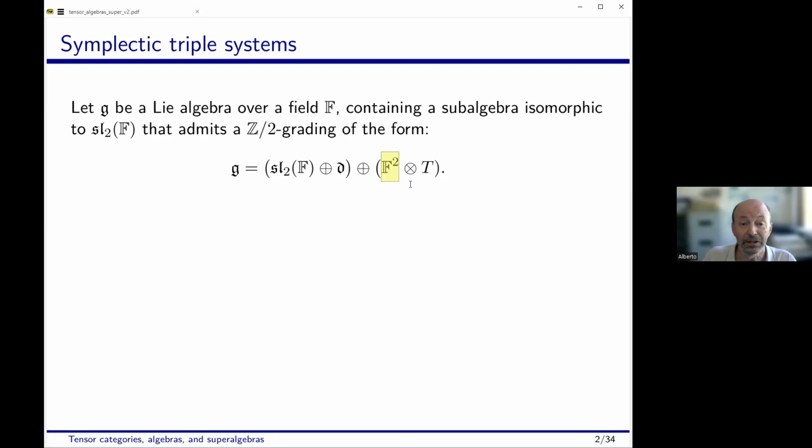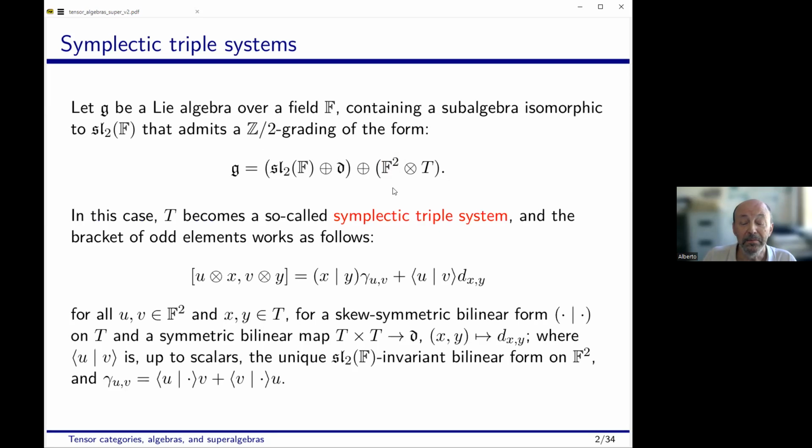And in this situation, the bracket in the Lie algebra can be expressed according to this splitting of the Lie algebra. In particular, when one multiplies two elements in this odd part, because this gives a Z2-grading, if one gets the Lie bracket of two elements here, it has a part in SL2 and a part in the centralizer of SL2.